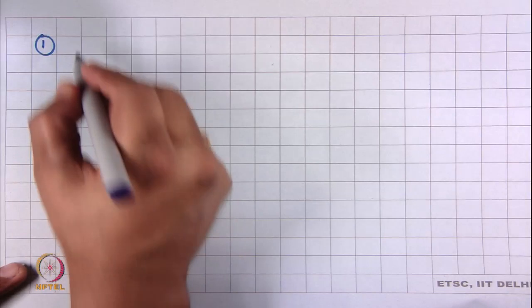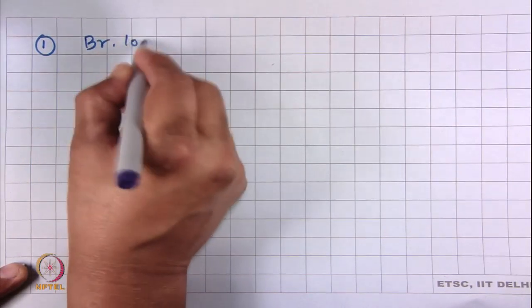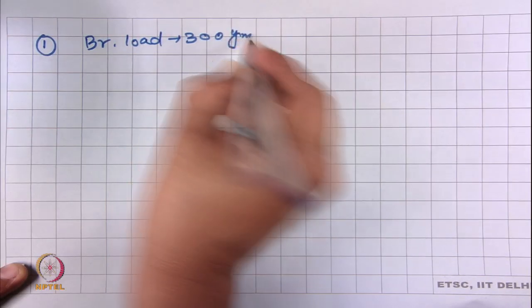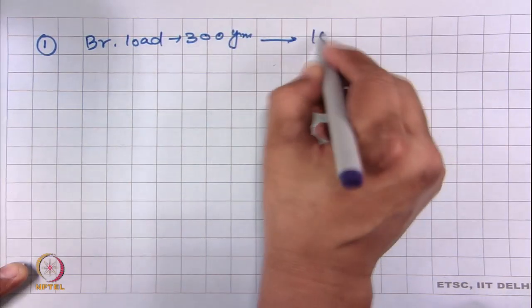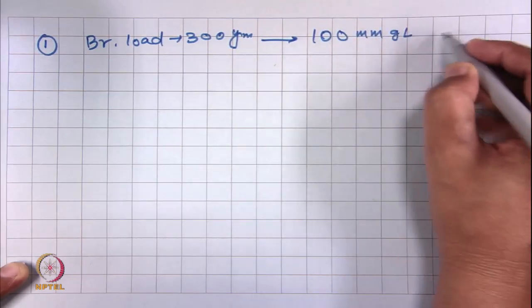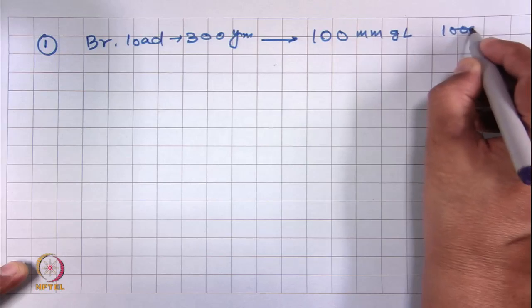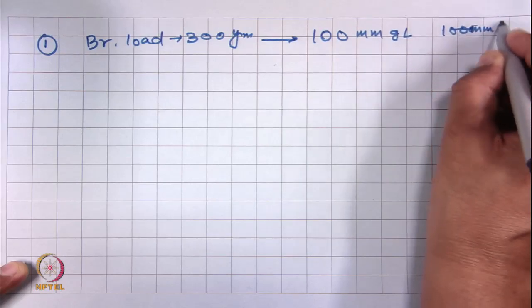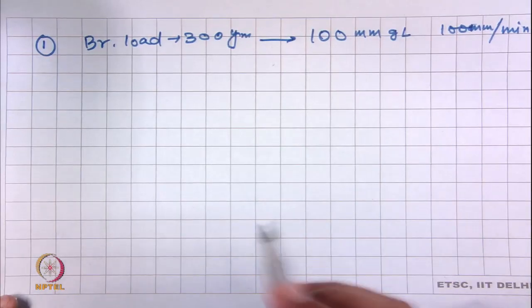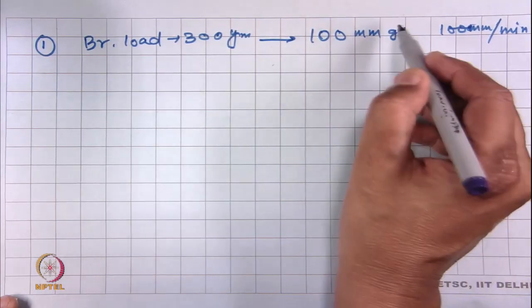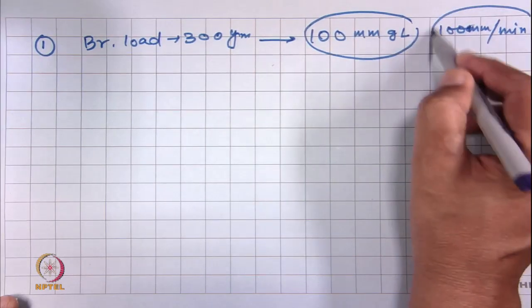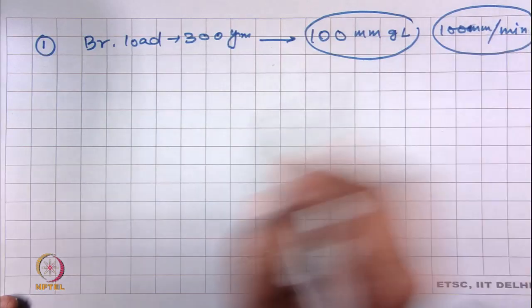our breaking load is 300 gram, with the condition of 100 millimeter gauge length and 100 millimeter per minute speed. Now, what we have seen earlier is that both gauge length and speed have an effect.